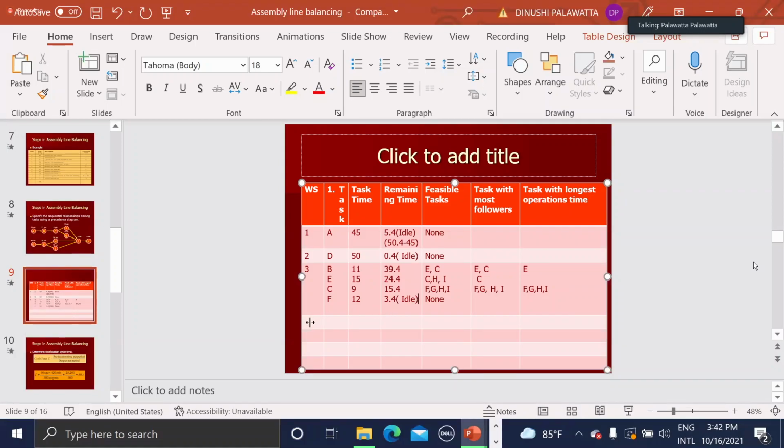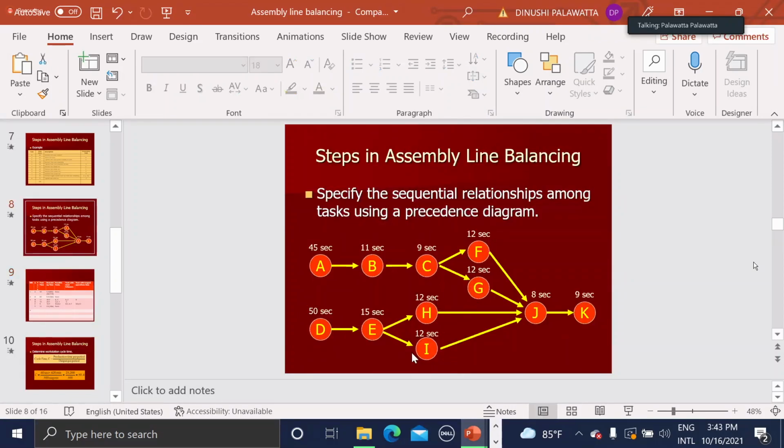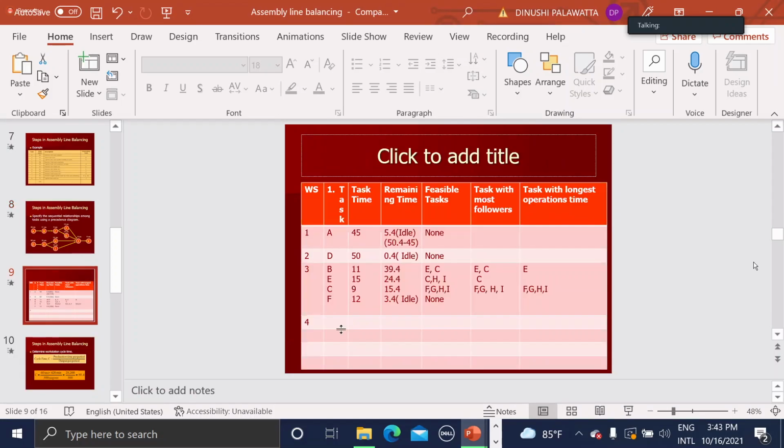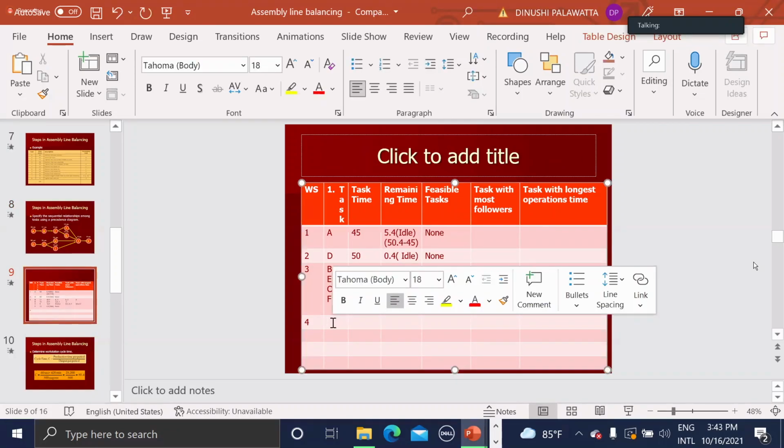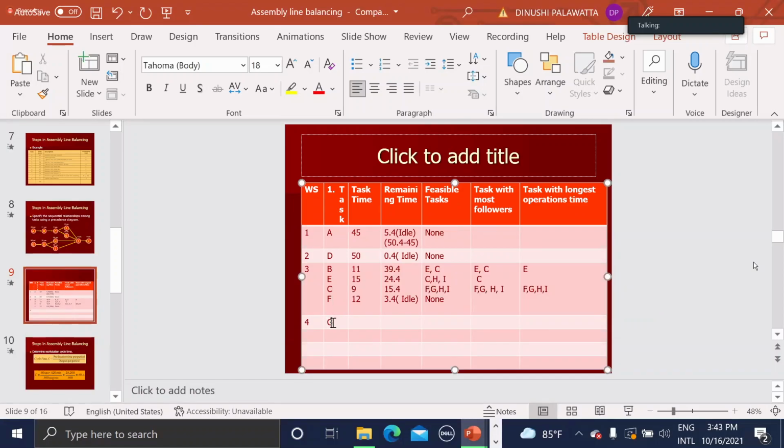And then we go to workstation 4. You see we have allocated F, so G, H, I are feasible. We allocate G. Time is 12. 50.4 minus 12 is 38.4.